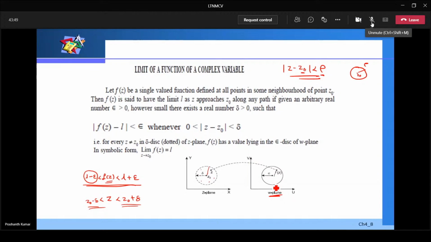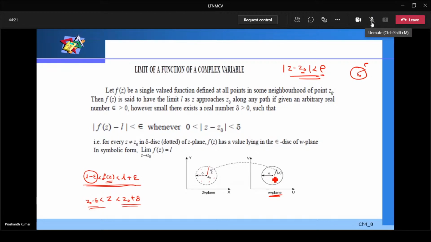In this W plane, the point is the open disk with center L. L is the limit point, and f of z is the function value. If z is not there, automatically f of z you can't get. If z approaches z naught, f of z approaches L. Do you understand?